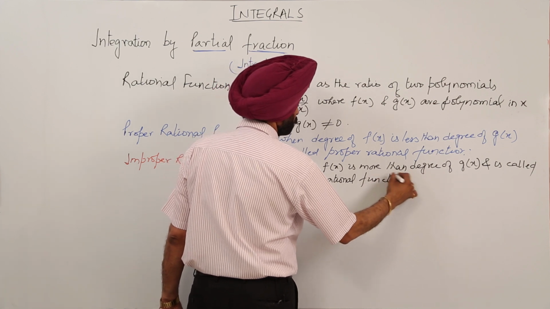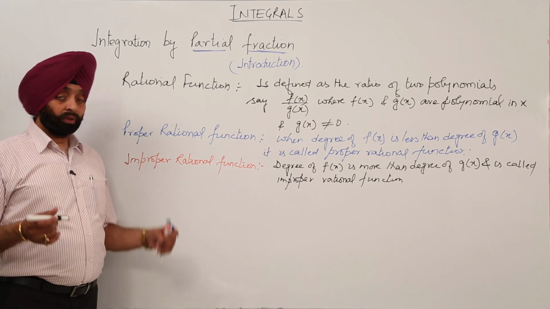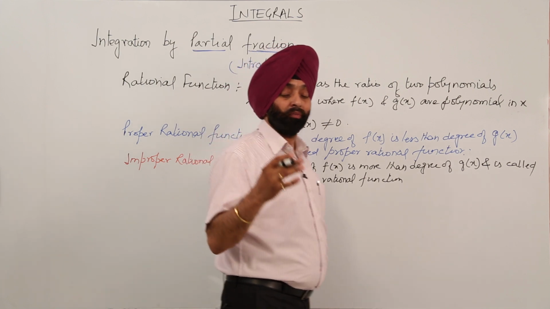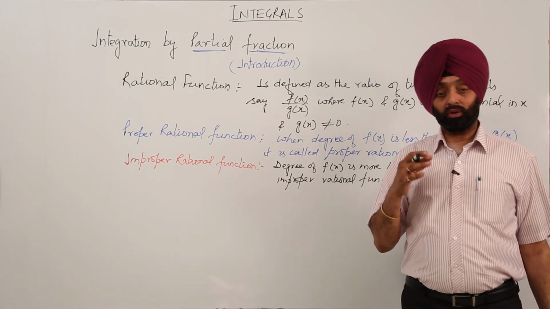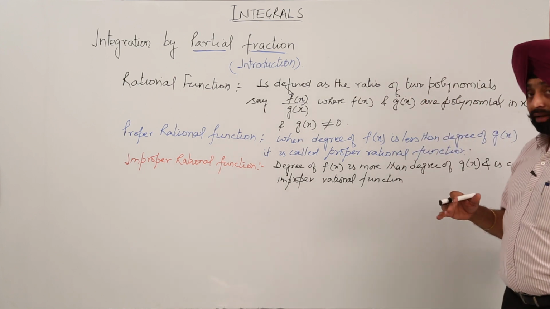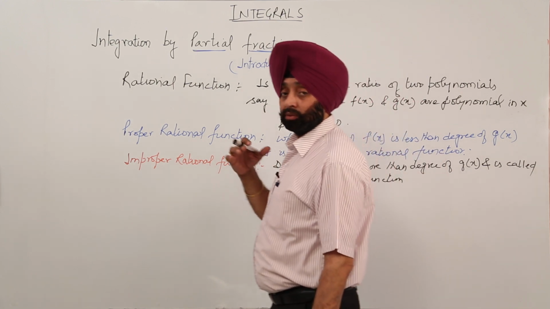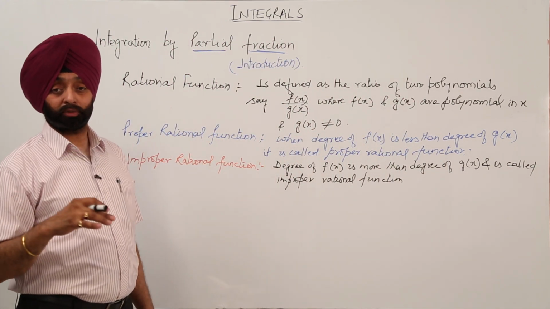Now what we have to do, when the function is in the proper form, we have done a lot of methods to solve the questions for the integration. When it is improper, then also we have done it. For example, we have x square upon x square plus 2x plus 3.